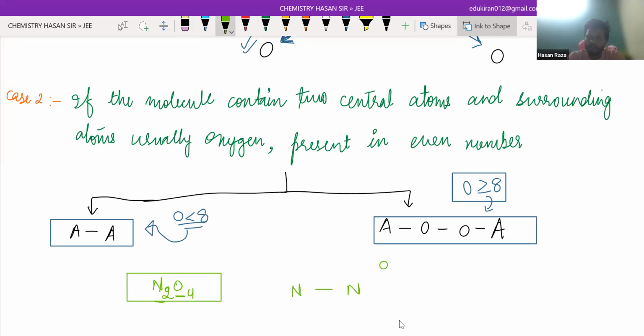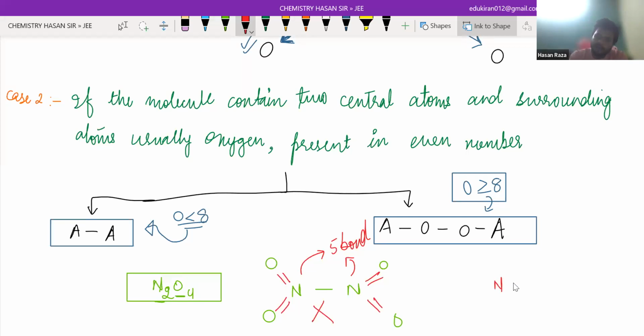Now you have 4 oxygen, so 2 oxygen on the right nitrogen and 2 oxygen on the left nitrogen. If you make double bonds, it will be wrong because this nitrogen is making 5 bonds and this nitrogen is also making 5 bonds, which is not possible for nitrogen because it doesn't have d orbitals.